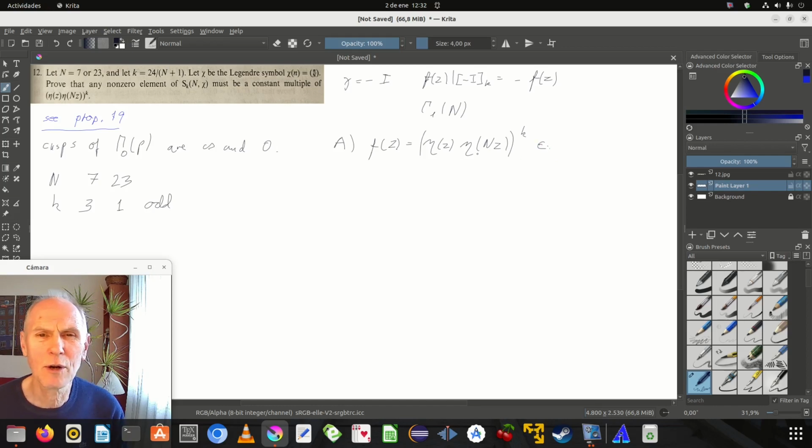Oh, that's not obvious. We need to check the value at naught. Oh, that follows from proposition 19. The same proof will carry over. So it's a cusp form of gamma 1 of n. So that's what I'd like to prove.